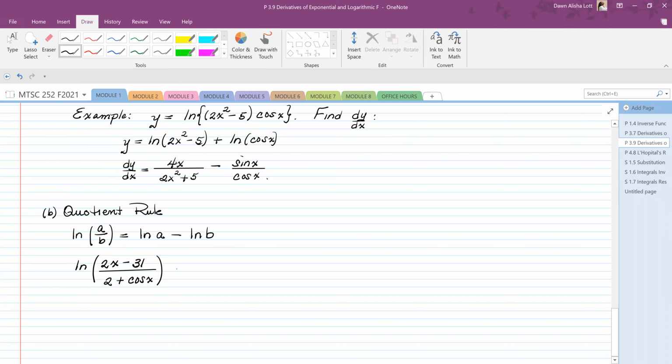Then I'm going to write that as the natural log of 2x minus 31 minus the natural log of 2 plus cosine x.